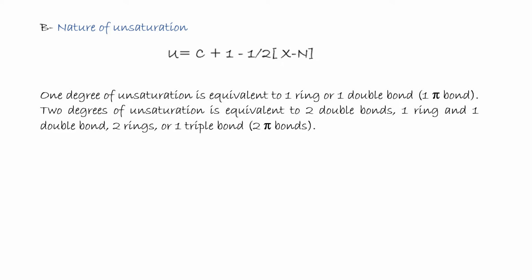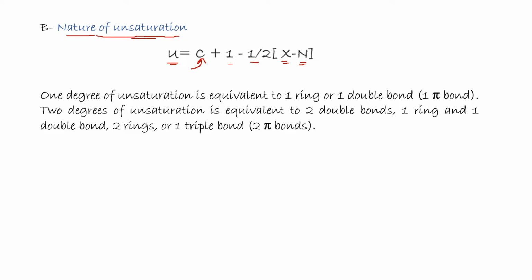Chemical methods for the determination of the nature of unsaturation. Recall that the number of unsaturations from the molecular formula will be the number of tetravalent elements plus 1, minus half the number of monovalent elements, plus half the number of trivalent elements.